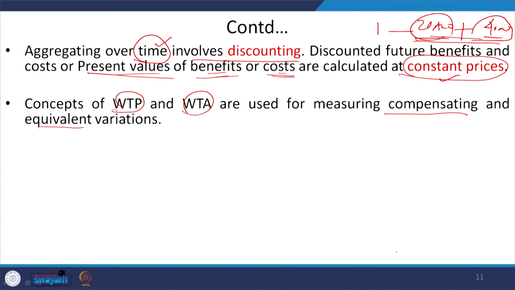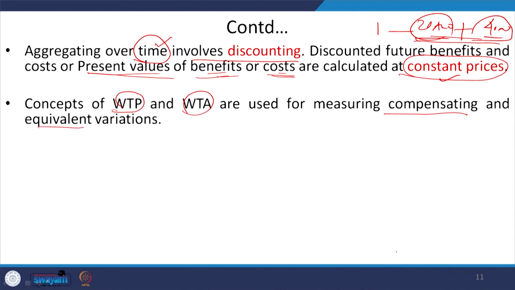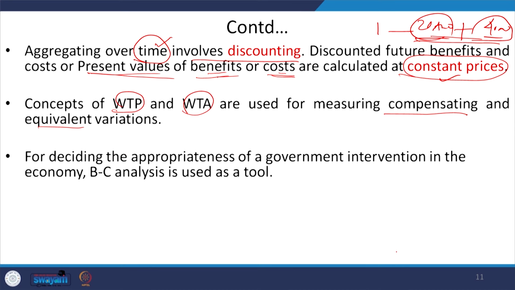I am not explaining what compensating variations or equivalent variations are, as it is already explained in module 4 and module 5 by Professor S.P. Singh. So, in order to save time, I assume that you have already gone through the concept of compensating variations and equivalent variations.